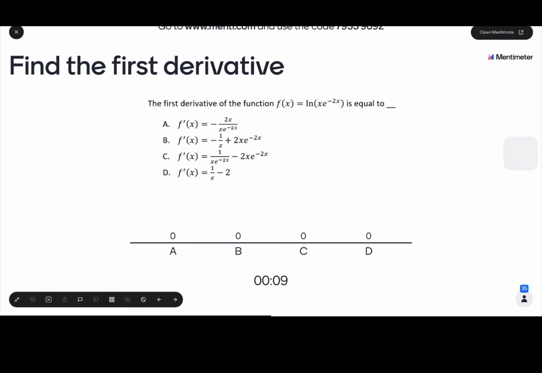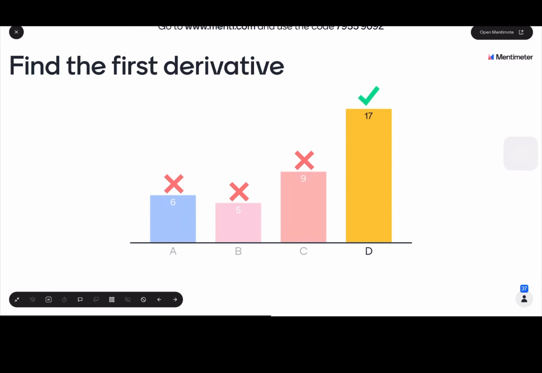So you could derive directly or separate with ln. I'll explain later, tomorrow.